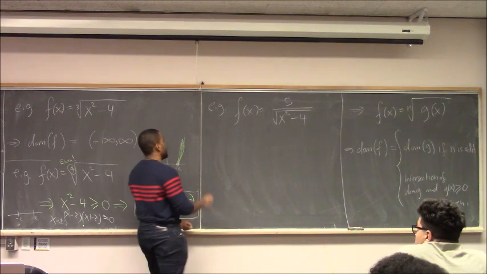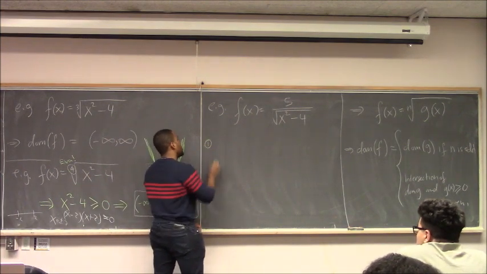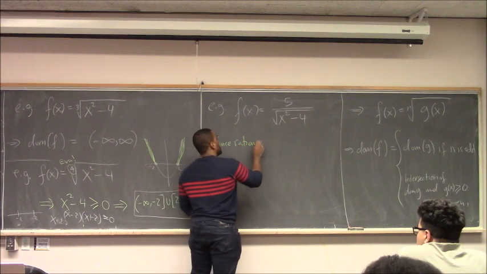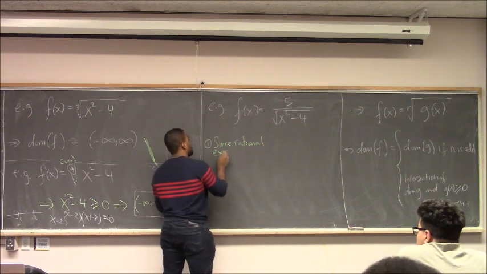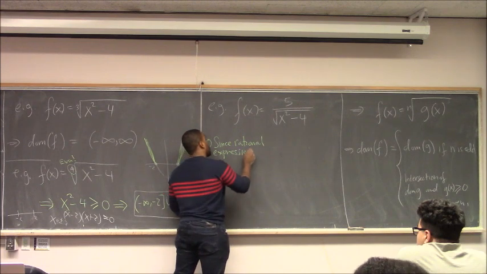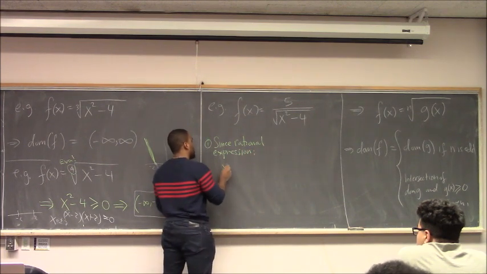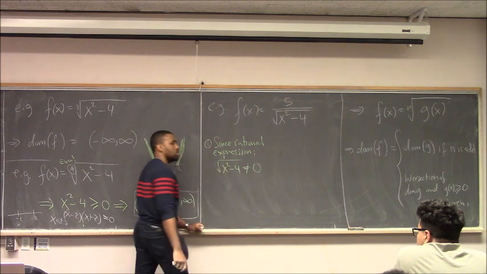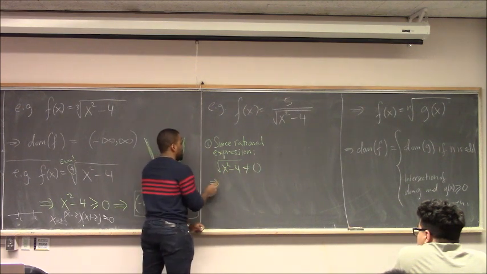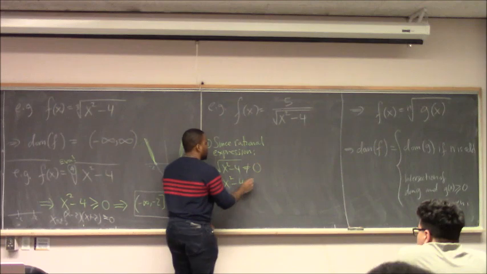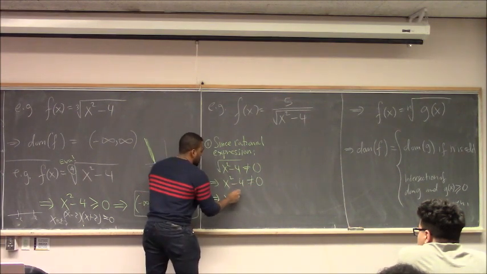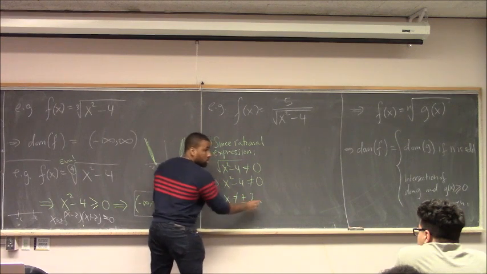So one, you would realize that since it's a rational expression, the denominator cannot be 0. This would mean that your x squared minus 4 cannot be 0, which means that your x cannot be plus or minus 2.